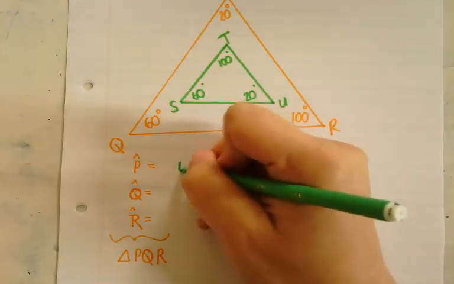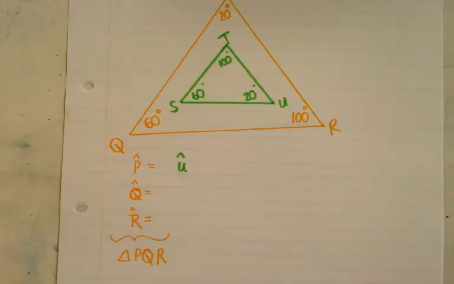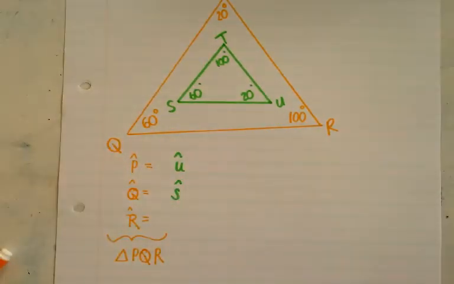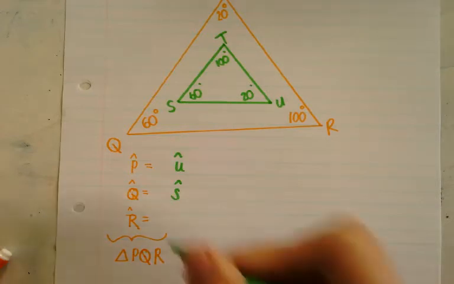U. Q, what is the size of Q? Is 60, and I already heard the answer. That matches S. Okay, and my last one, R is the size of 100. Which one is 100? T.